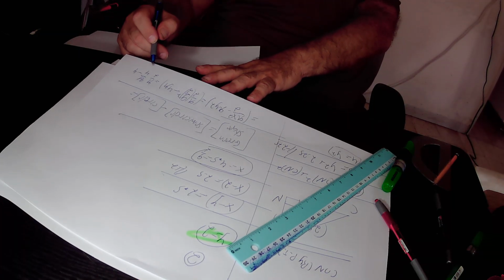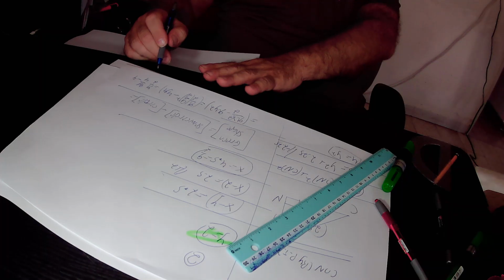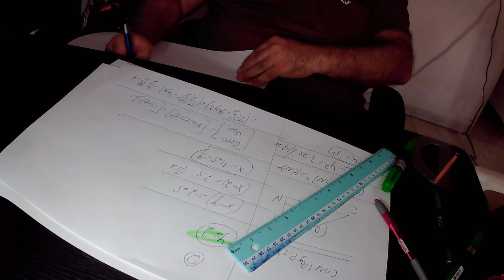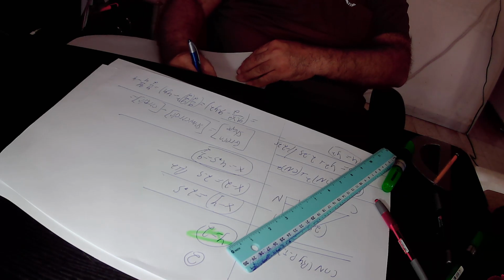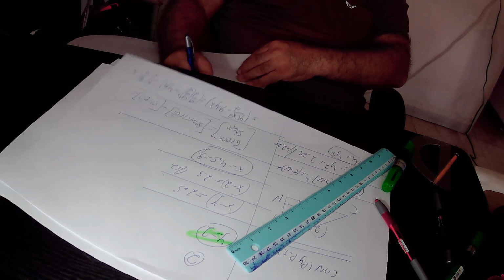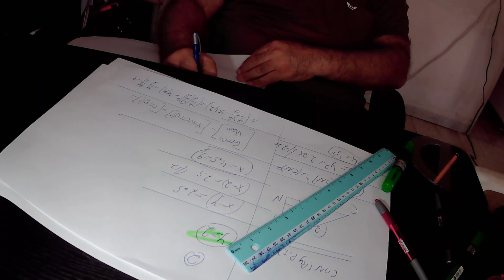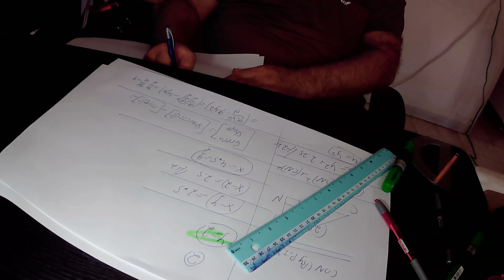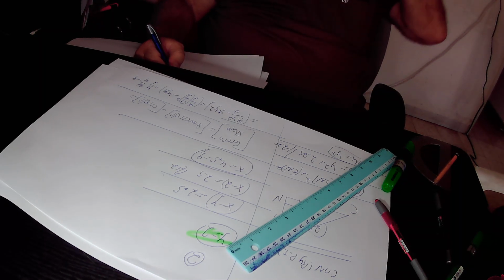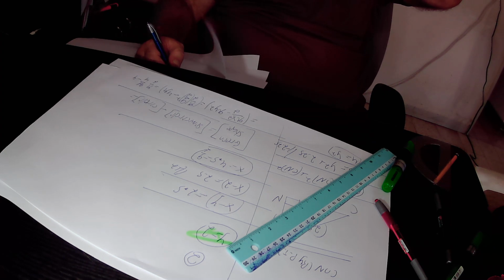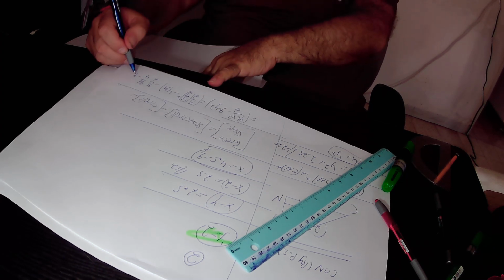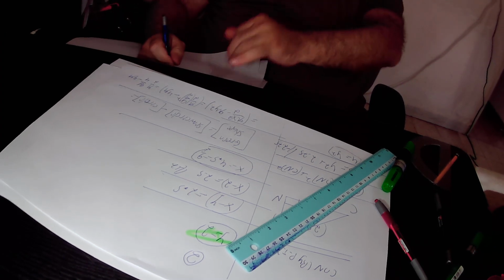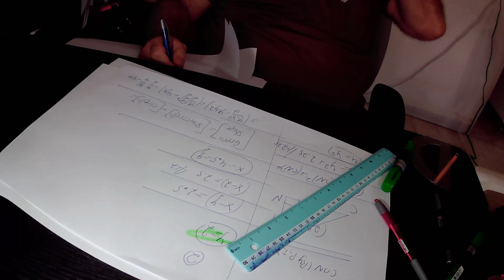2 times 4 is 8, so in total this expression equals 81 pi over 8. 81 pi over 8 is the area of the big semicircle, minus 4 pi. 4 pi is the area of the small circle.